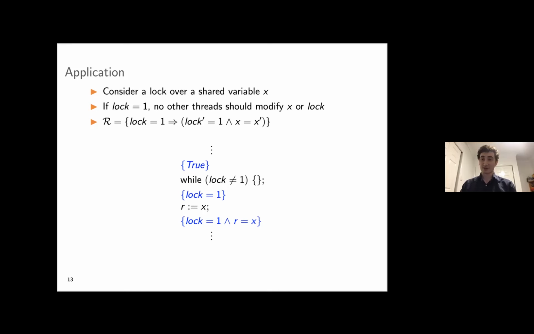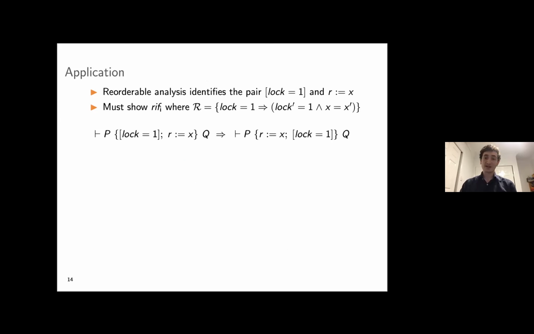Now this works for the in order case, but the machine might decide to execute some of these things out of order. In particular, the access to x might be evaluated ahead of time as a speculative load. And so the data flow analysis would identify the reorderable pair, lock is equal to 1, r is assigned x. The lock is equal to 1 here encodes effectively the exit condition of the while loop.